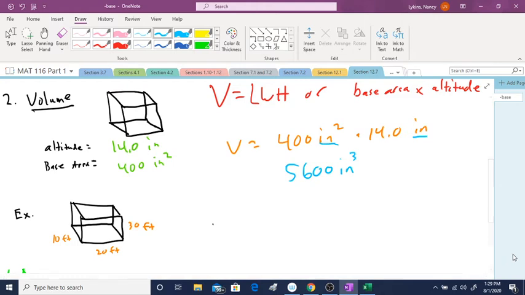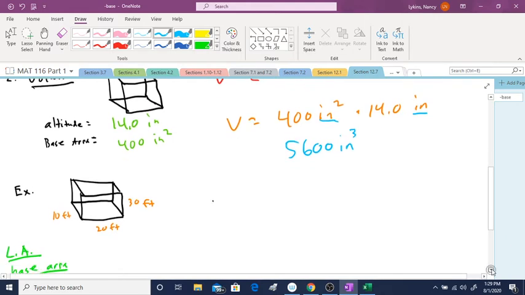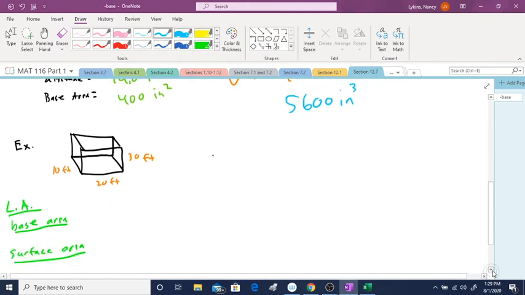Okay, now finally what I want to do on this one is if I have an example of this, and let's say I'm asking us 3 different things. What is the lateral area, what is the base area, and what is the surface area? Okay, so I want to find the whole area of this cube.